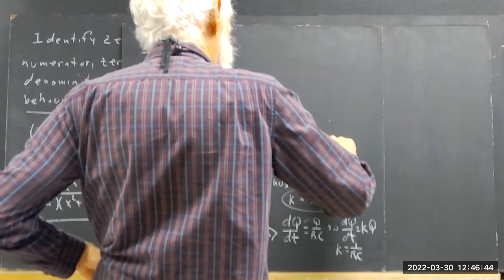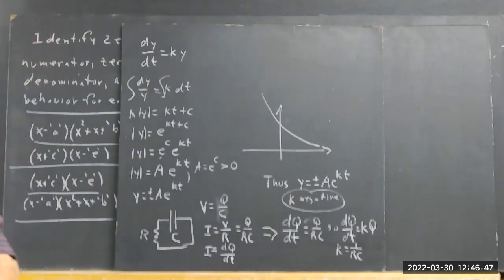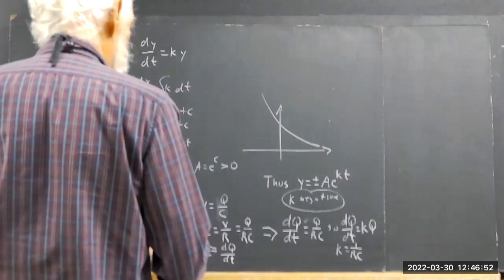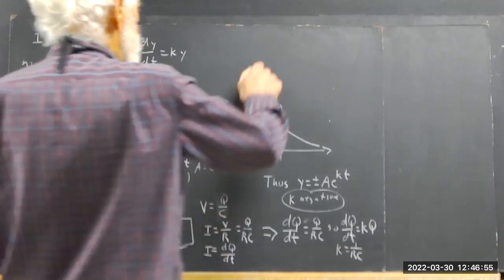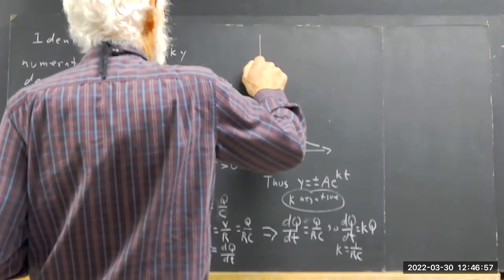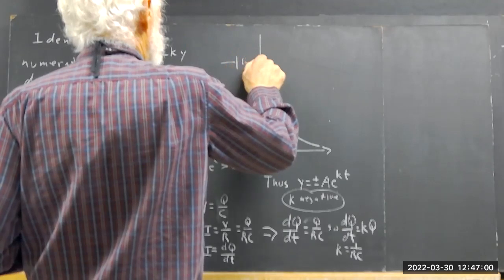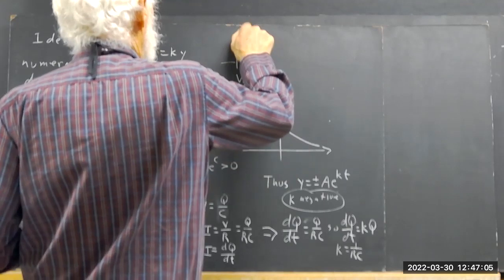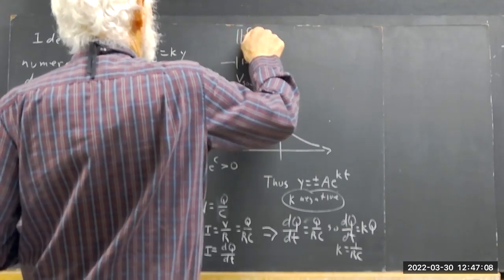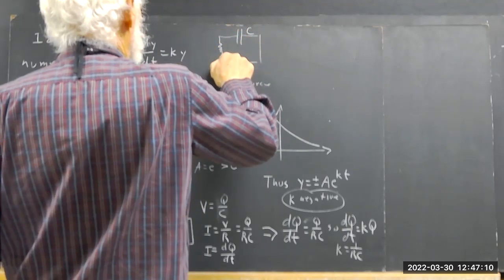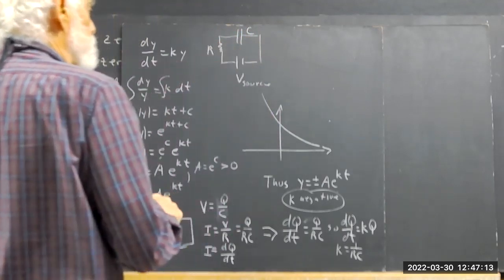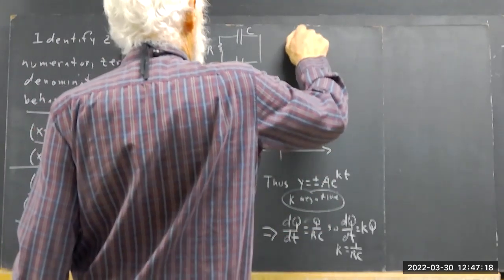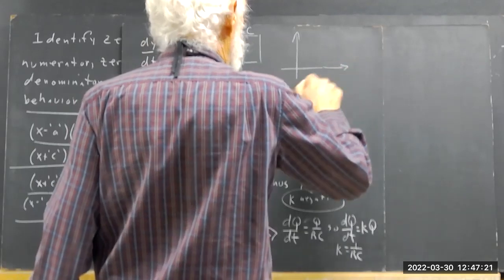It means you have a decreasing exponential, or maybe if you have a source in here, you have a slightly more complicated equation.